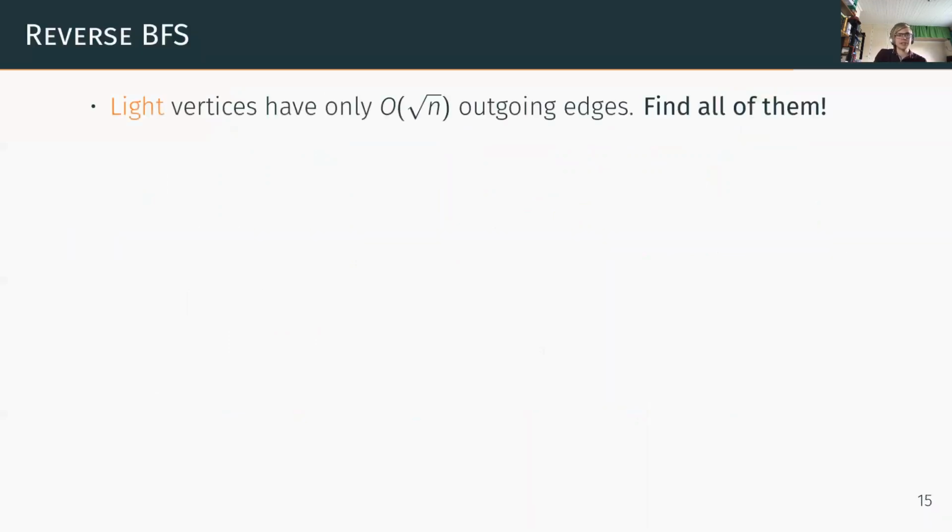And how we do this is by a procedure we call the reverse breadth-first search. Our first observation is that the light vertices only have few outgoing edges. So we just find all of them, and we can do this with this binary search trick as before.